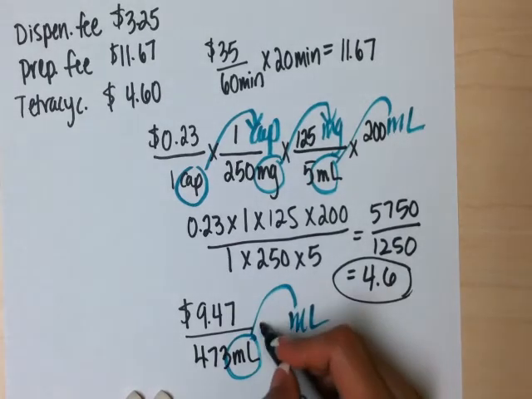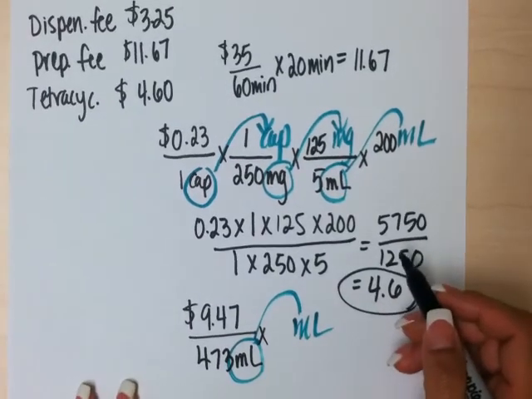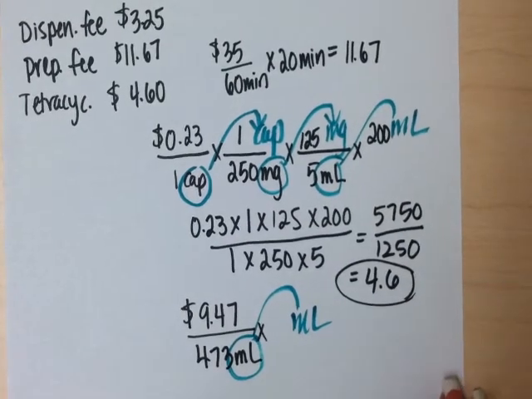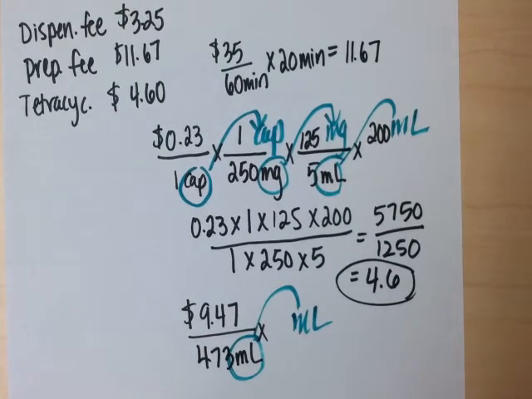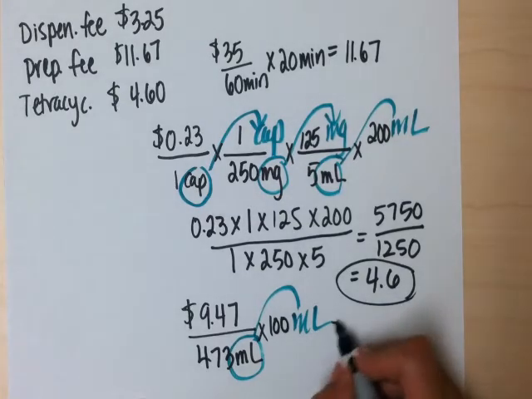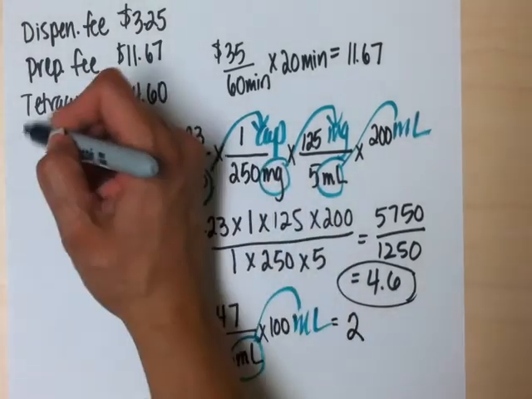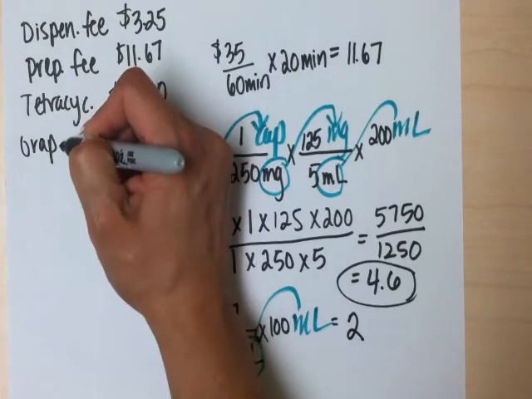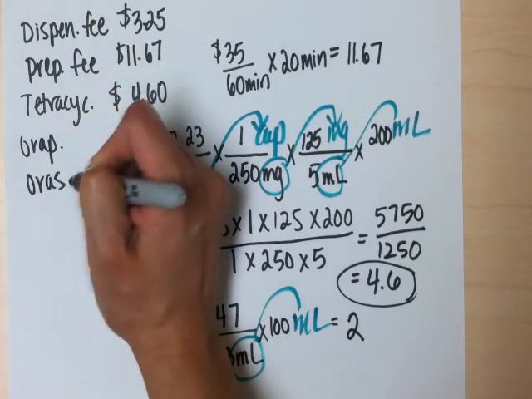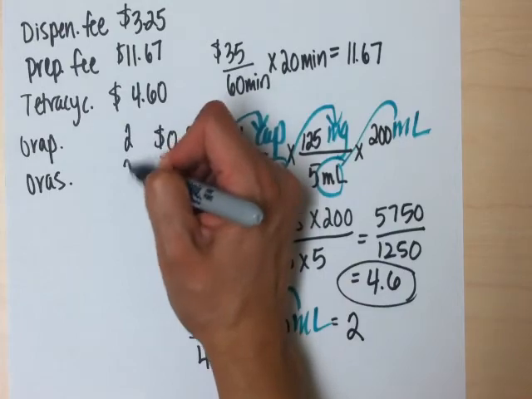We're only using 100 because the 100 is half or 50% of the 200 total quantity that we're making. So 9.47 divided by 473 and then multiplied by the 100 is 2. So the Ora Plus and the Ora Sweet are each contributing $2.